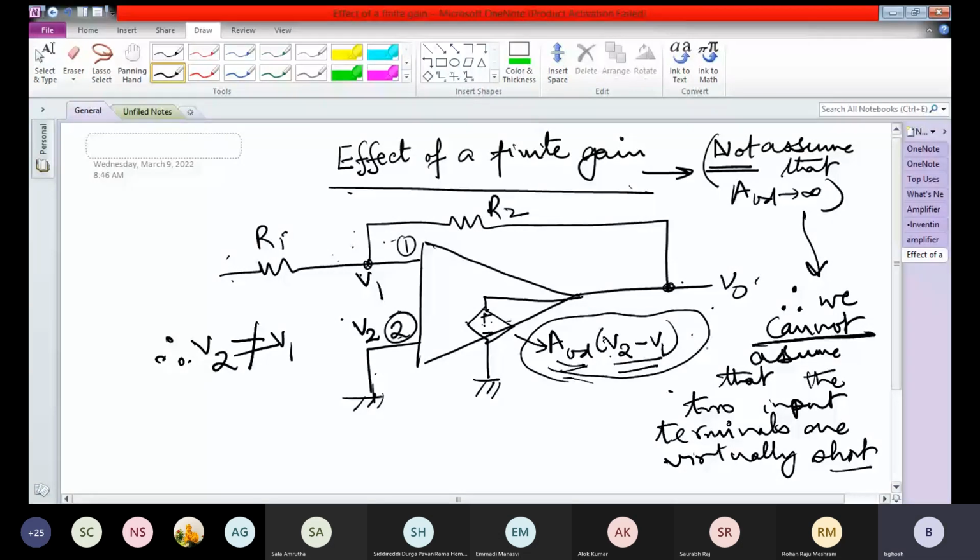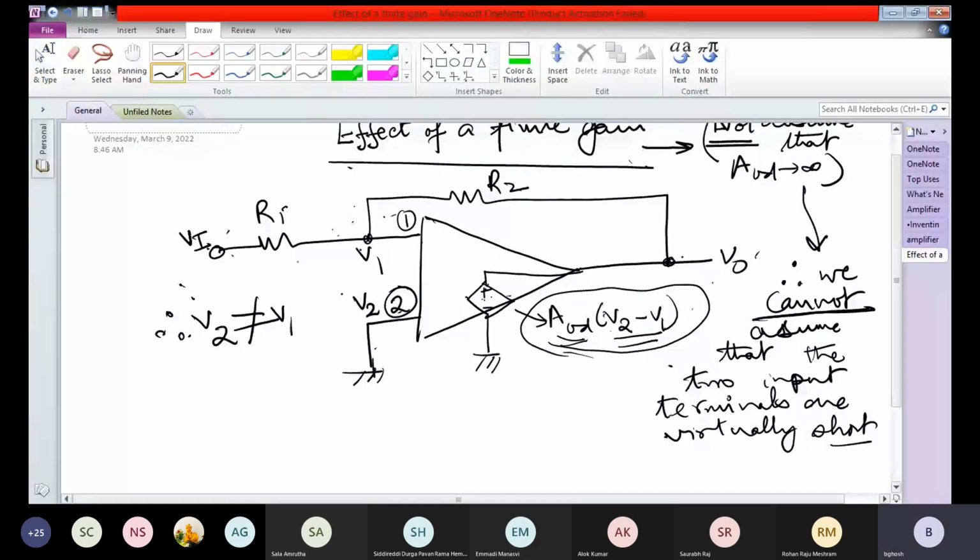So now, what happens? Here is my VI. Here is my I1. There is my I2. I1 and I2 is still 0. And the current here is still 0.